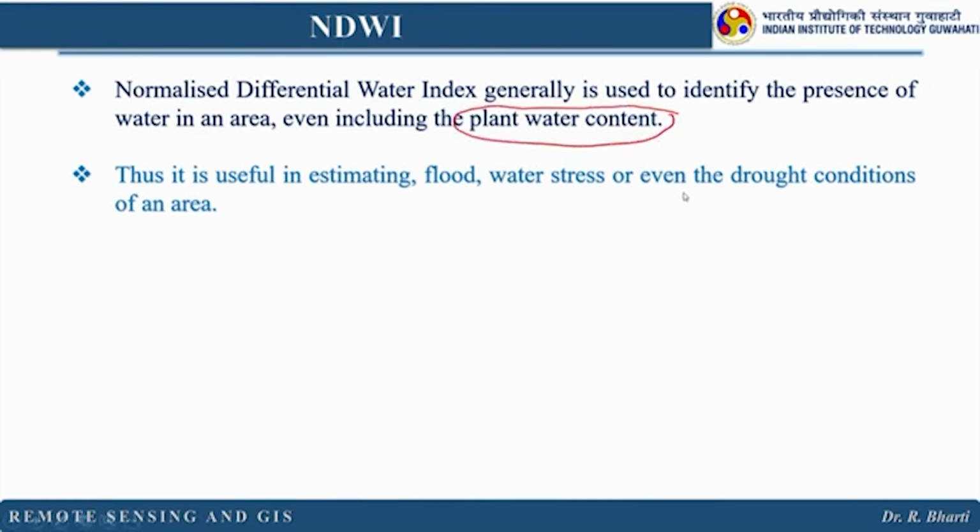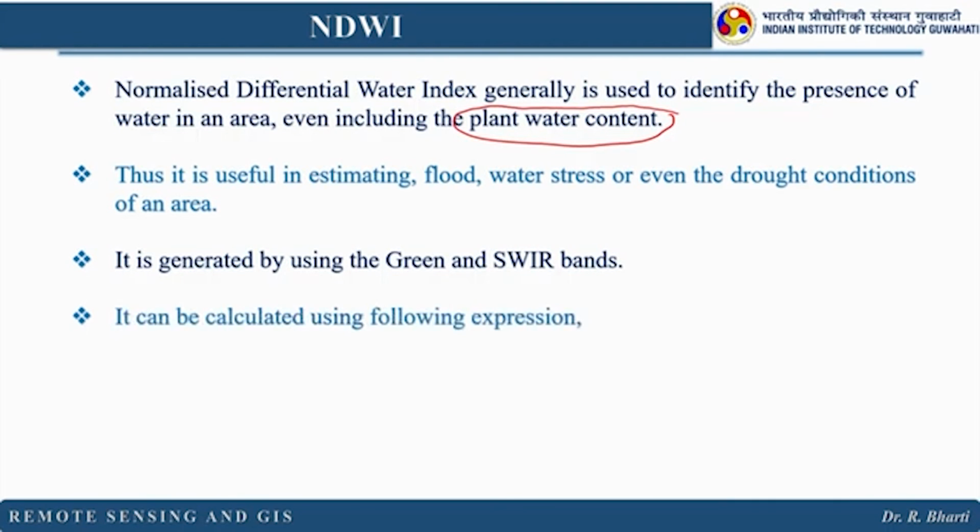Thus it is very useful in estimating flood, water stress or even the drought condition of an area. It is generated using the green and SWIR bands. It can be calculated using this equation: green minus SWIR over green plus SWIR. If you apply this, it is known as NDWI.